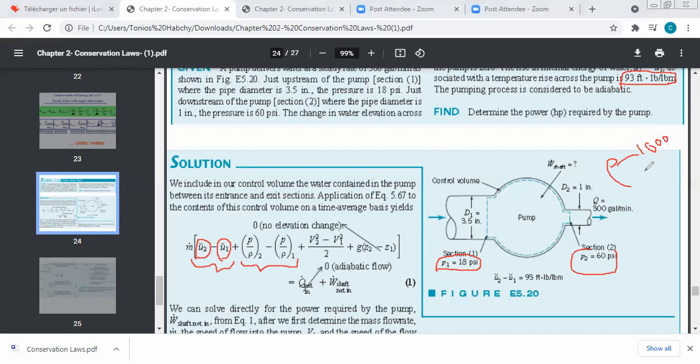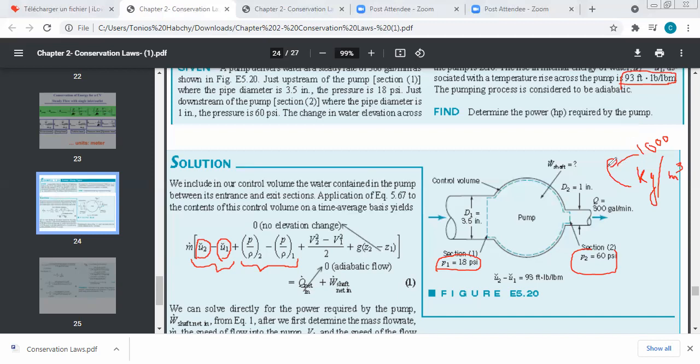And of course, rho can in general vary with temperature, but for water the variation of rho is very negligible. You need to apply a very large variation in temperature to have a change in rho.